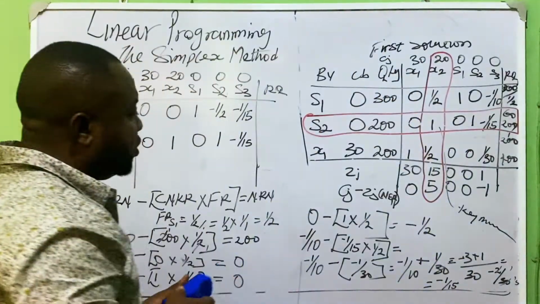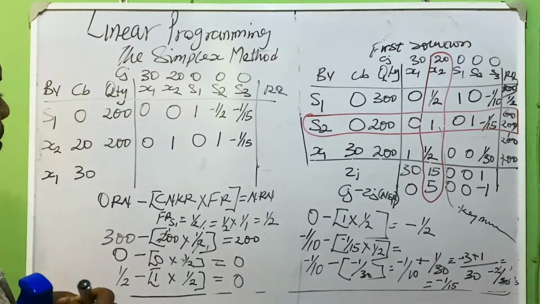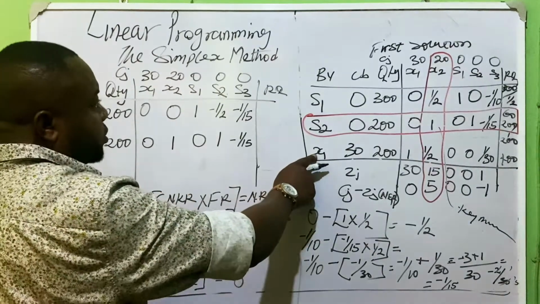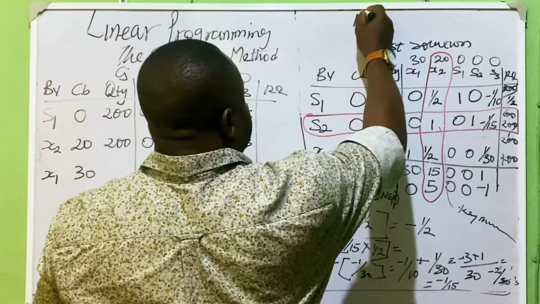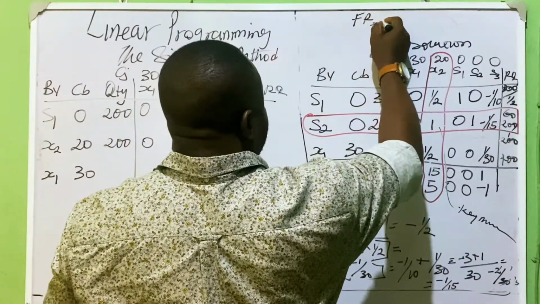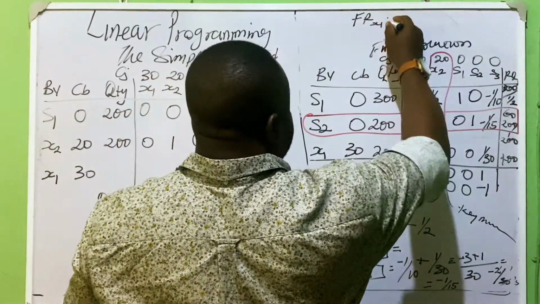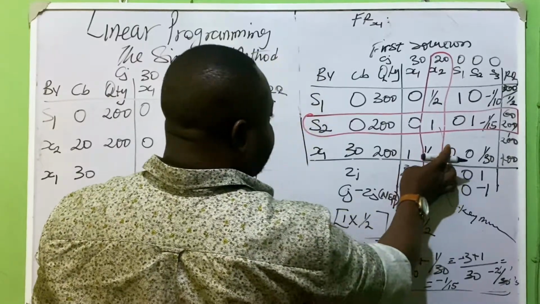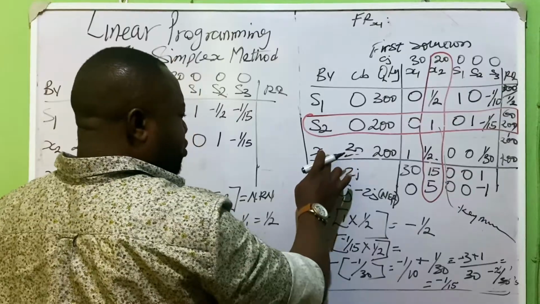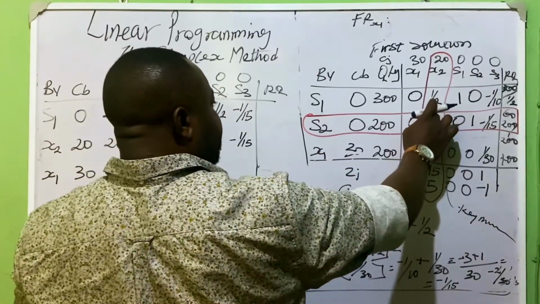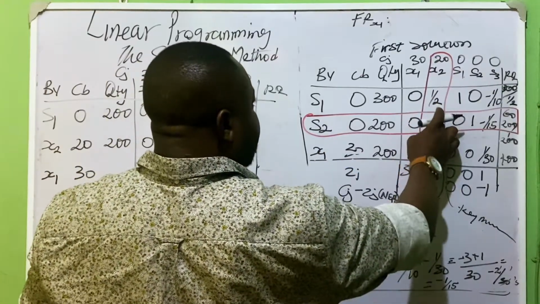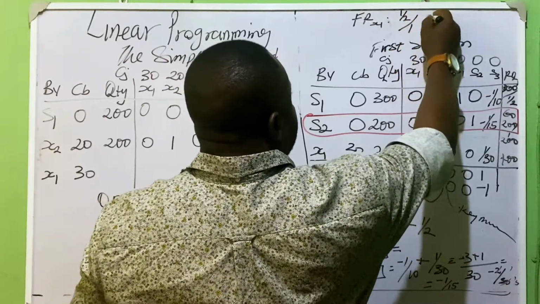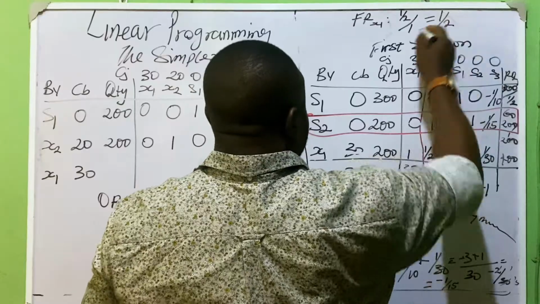So the first thing for us to do is to determine our fixed ratio for transformation of X1. So our fixed ratio for X1 will be 1 over 2, which is the value corresponding to the row we are transforming, divided by the key number. So 1 over 2 divided by 1 will give me 1 over 2.